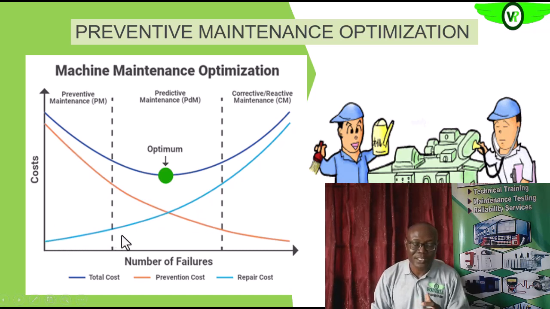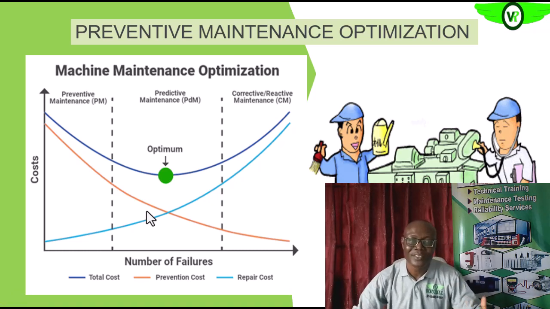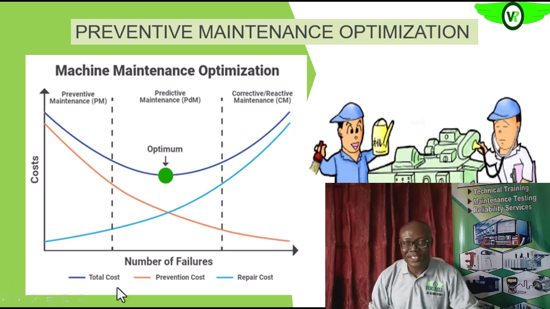So you see that the preventive cost will be high when we have fewer number of failures, because we are doing all we can, spending all we can to ensure that the asset is reliable, deploying all the resources that we can. So you also see that since failure is minimal, the repair cost will be minimal.